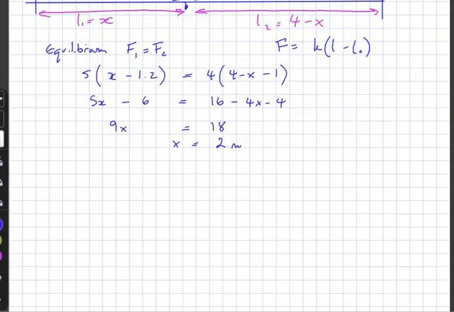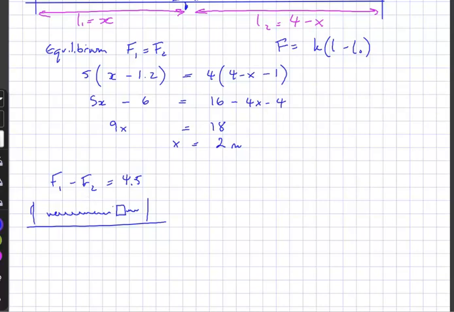So we could say that F1 minus F2 is going to equal 4.5. That would be in one scenario where the force of the first spring is greater than the force of the second spring. That will occur when it's being pulled off to the right hand side.